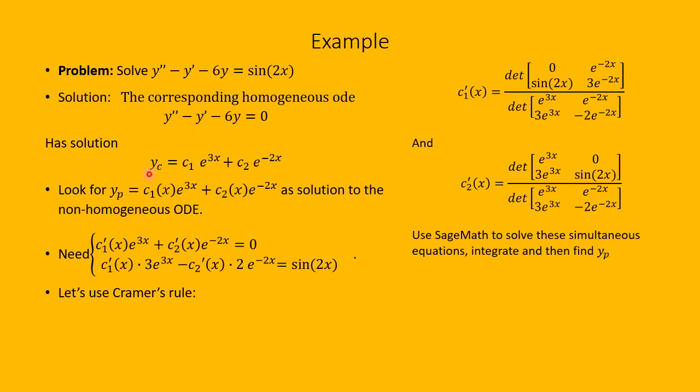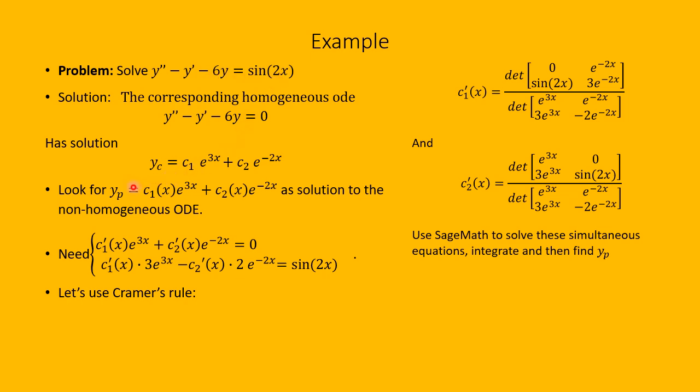So we get the complementary function y sub c is c1 e to the 3x plus c2 e to the minus 2x. So this is the solution to y double prime minus y prime minus 6y equals 0.